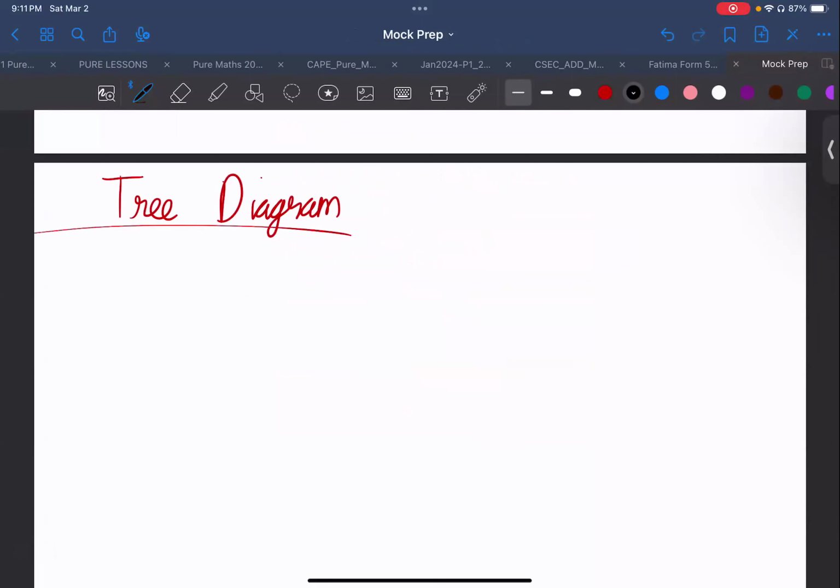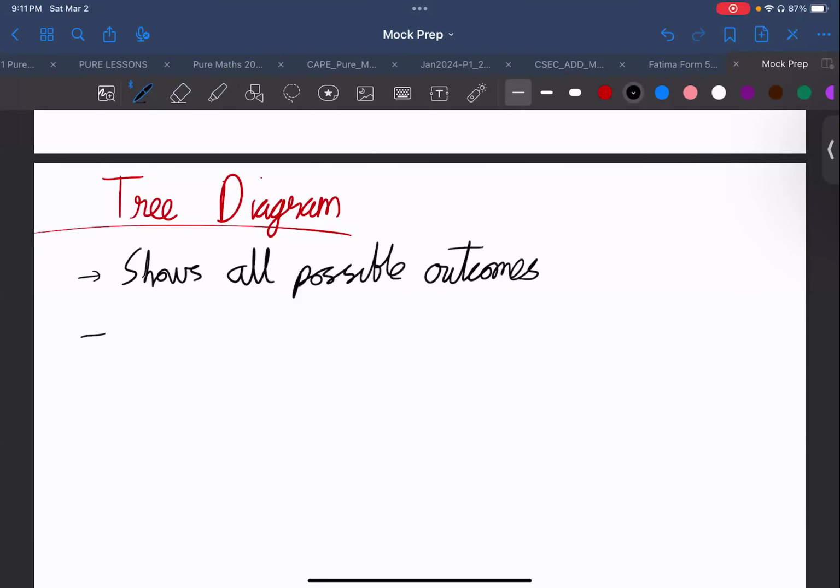A tree diagram shows all possible outcomes, right? So along the branches, we multiply.